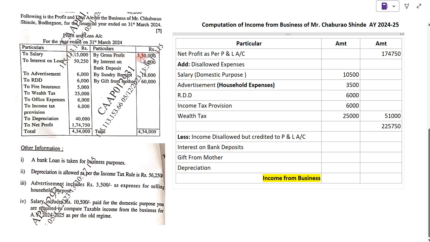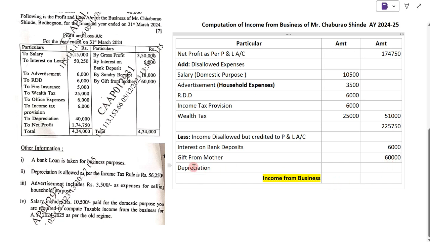Now gross profit is related to business. Interest on bank deposit is personal, so less interest on bank deposit 6,000. Then sundry receipt 18,000 is related to business. Gift from mother 60,000 is not related to business, it is personal income, so less gift from mother 60,000.